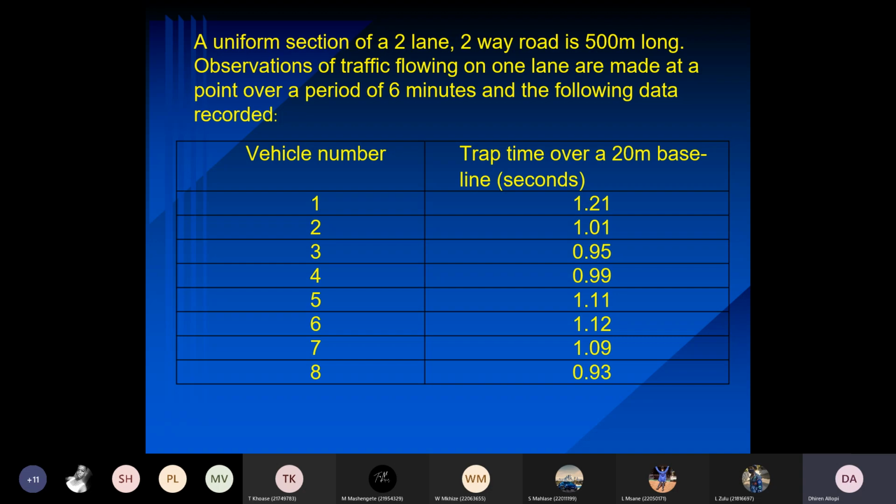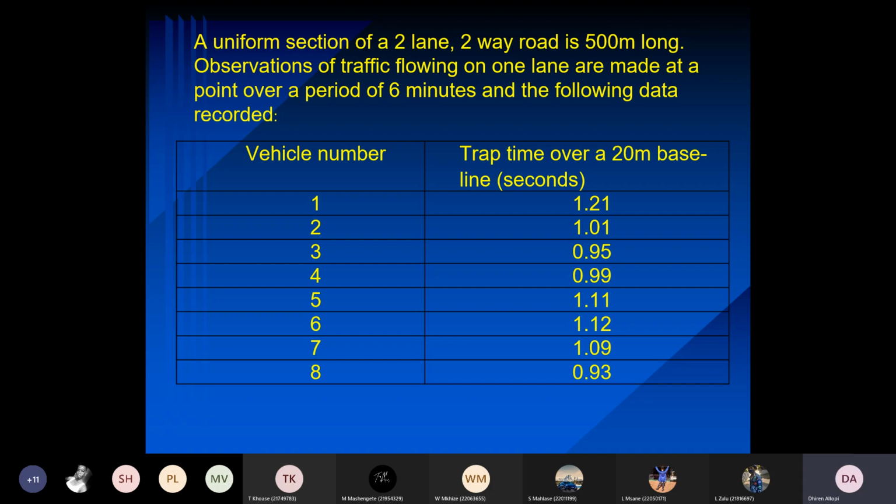So you can see from there you observed 8 vehicles, 1, 2, 3, 4, 5, 6, 7, 8 vehicles. And you set a trap time. So in other words, you set a tubing, or by synchronized watch, a 20-meter baseline. So the moment a vehicle passed point 1 and point 2, which is 20 meters apart, the time was recorded.